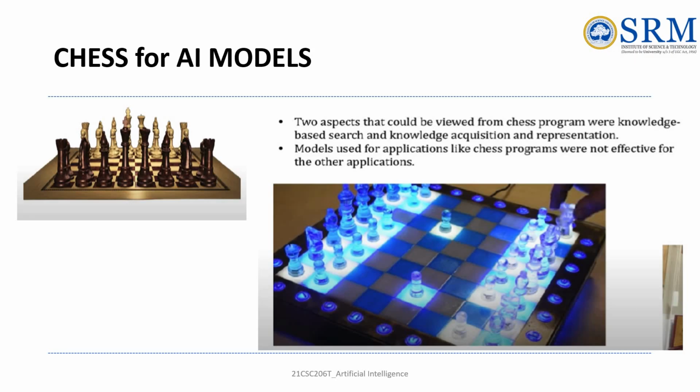In fact, early AI systems like IBM's Deep Blue used this domain to showcase AI capabilities. Today, advanced systems like AlphaZero have taken it further by learning from scratch using reinforcement learning and self-play. Chess remains a symbol of how well an AI system can model, reason, and optimize.